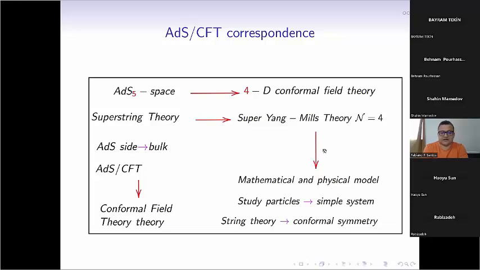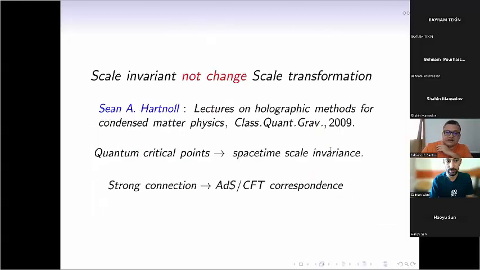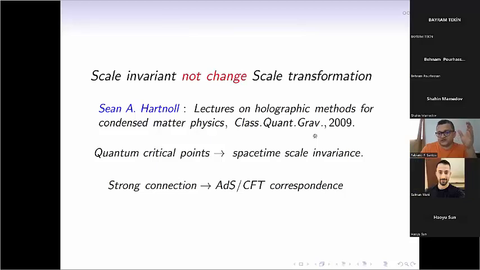But at first, this model was a theoretical and mathematical model. Since this proposal, many people have tried to apply it to systems like condensed matter, where the motivation is that quantum critical points have scale and space-time scale invariance.